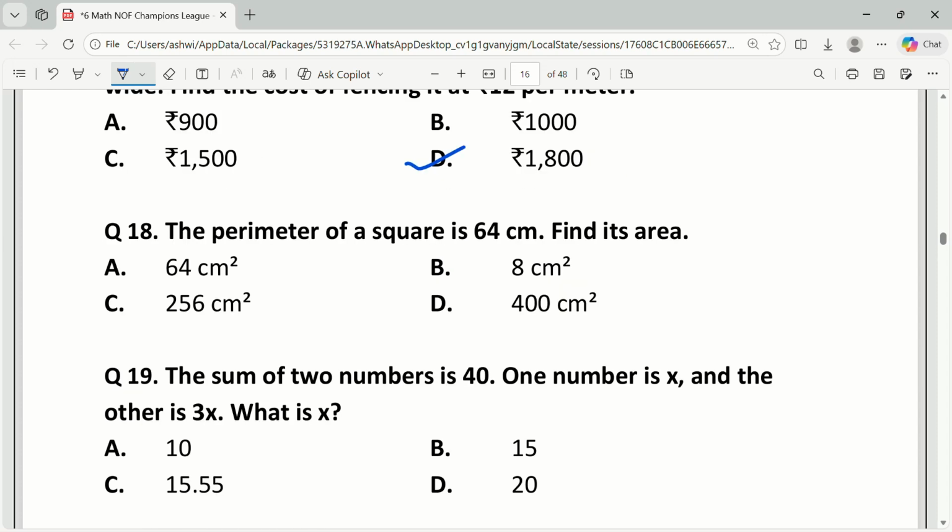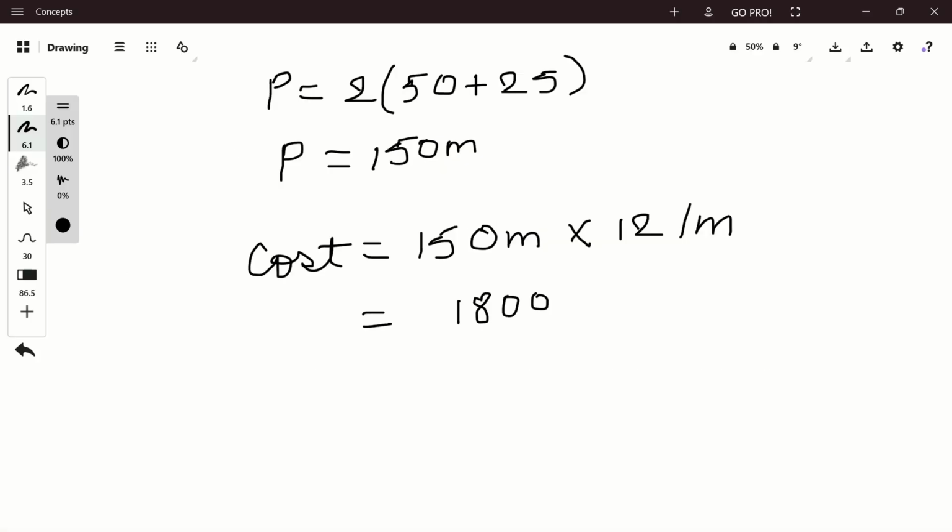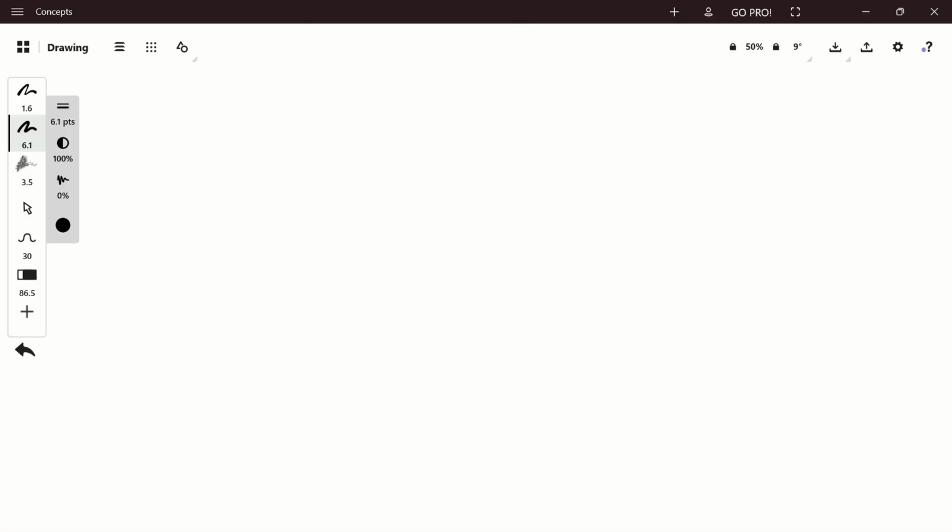The perimeter of a square is 64 centimeter. Find its area. The perimeter of a square is given by P is equal to 4 into side. Using P as 64 centimeter, we have 64 is equal to 4s, hence S is equal to 16 centimeter.